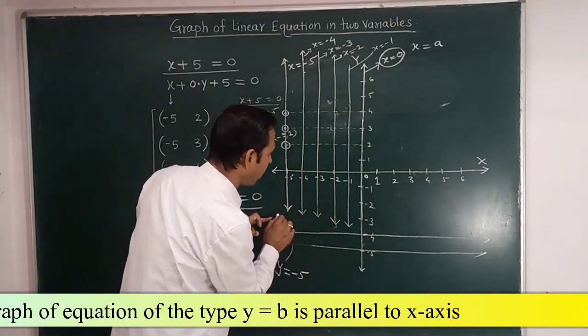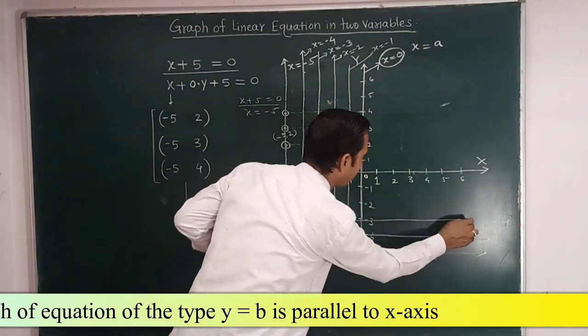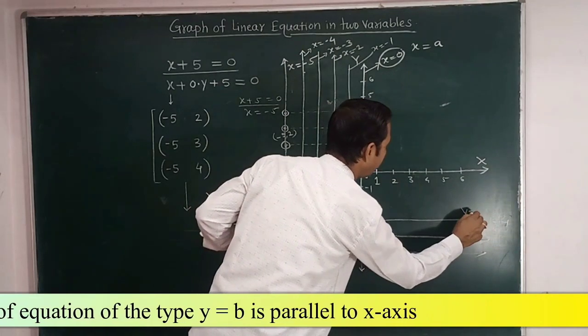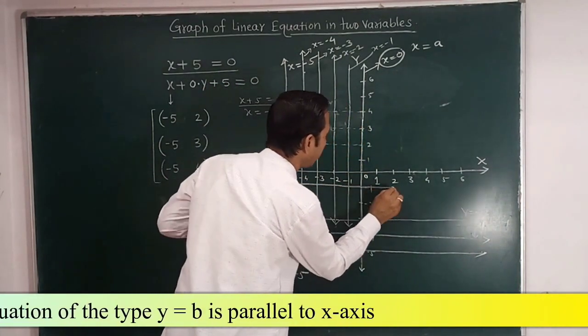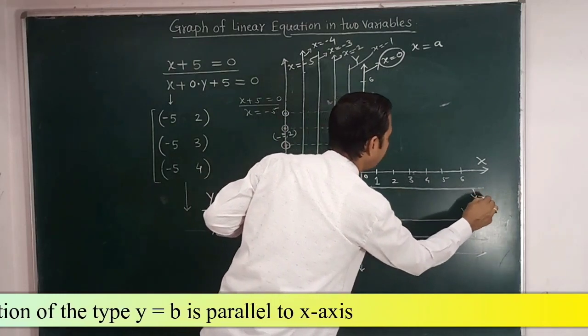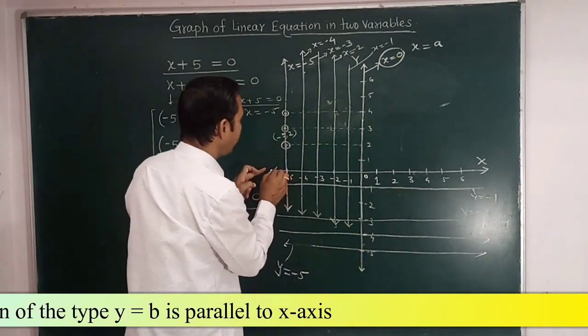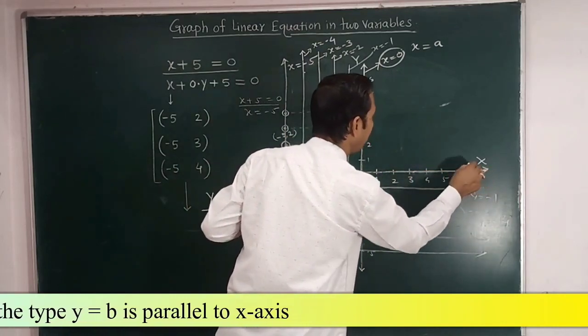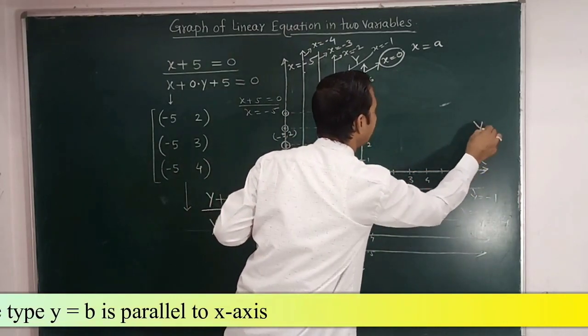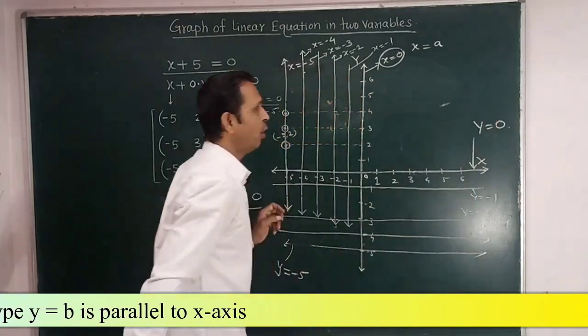Again we draw the line like this, minus 3, the equation is y is equal to minus 3. If we draw the line here, the equation is y is equal to minus 1, and if we draw the line on the x-axis, the equation of the x-axis is y is equal to 0.